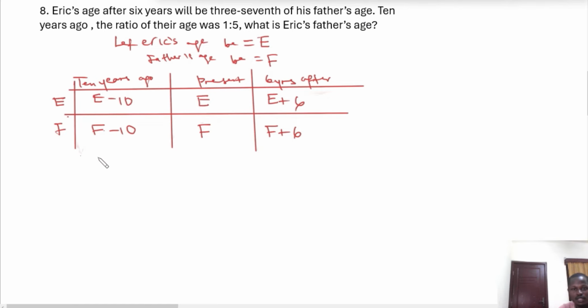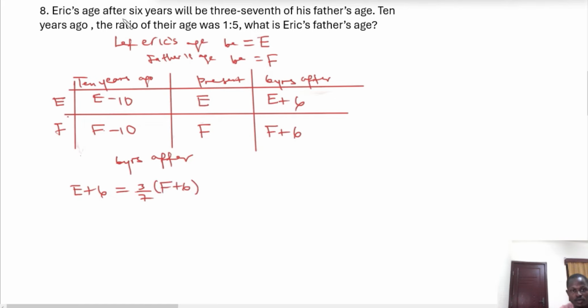So 6 years after, Eric's age is E plus 6 and his father's is F plus 6.